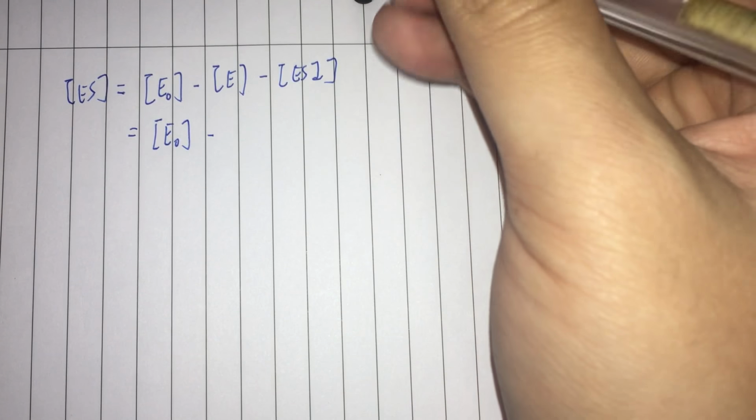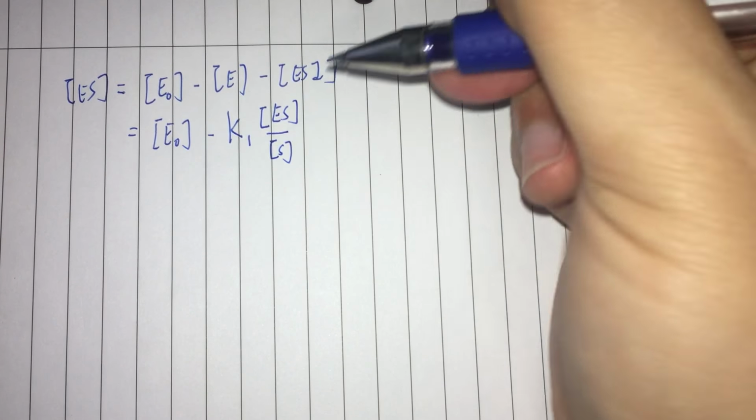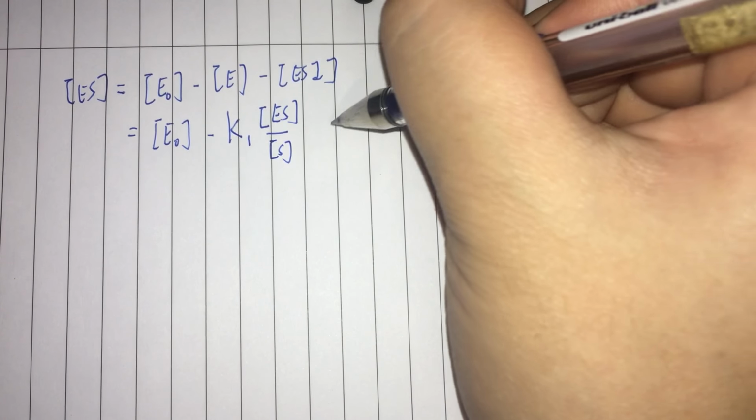Okay, so let's write down that equation again. ES equals E naught minus E minus the concentration of ESI, and that you will write as, well, you have previously just substituted the big K1 into ES over small s, the substrate.